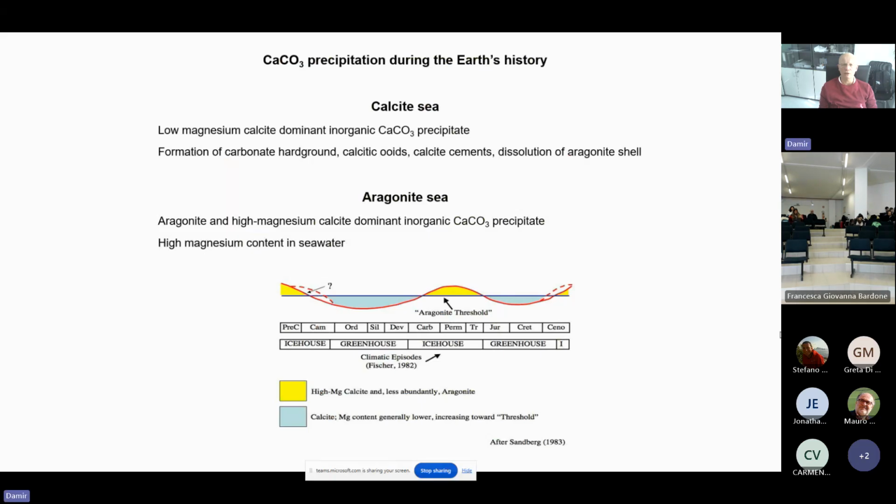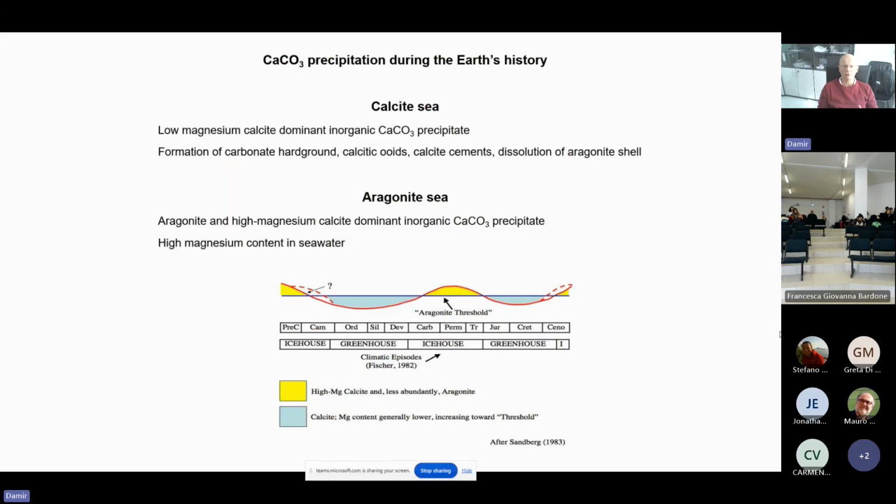I said already that during the history, calcium carbonate precipitated. And nowadays it is either precipitation of calcite, aragonite, or high magnesium calcite. Therefore, during the periods of Earth history, there are some periods that are called calcitic sea.